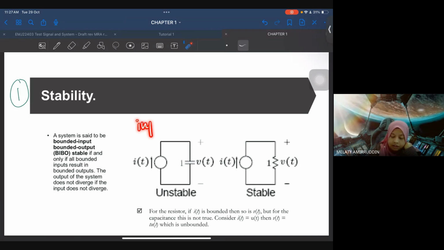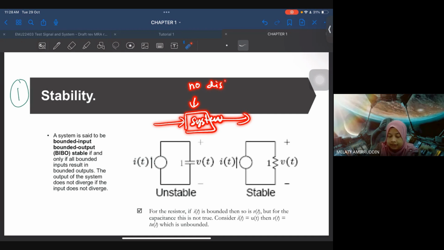Input equal to output, meaning no noise, no disturbances in the middle of the process in the system. We have a system, we have input, we have output. So in this system, there are no disturbances.